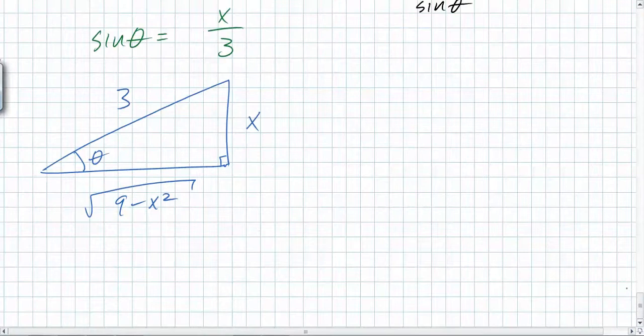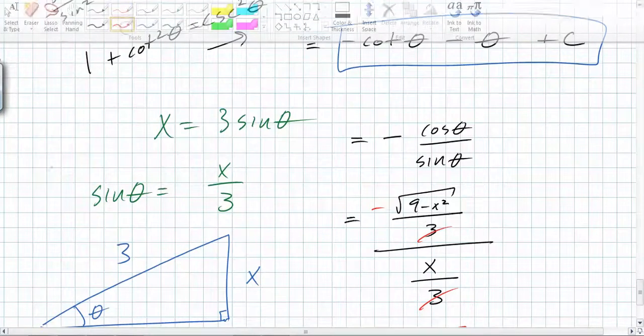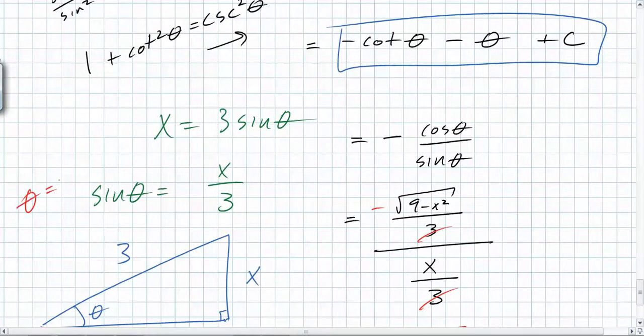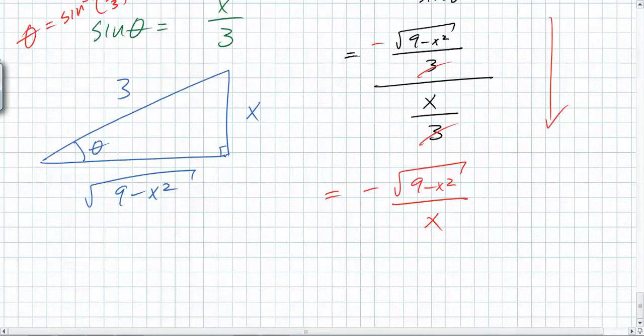So what can we write this as, unfortunately? Theta just directly equals sine inverse of x over 3. And that's all you can do. So you're going to end up with minus sine inverse of x over 3. So that carries down, and you're left with this, minus sine inverse of x over 3 plus c.